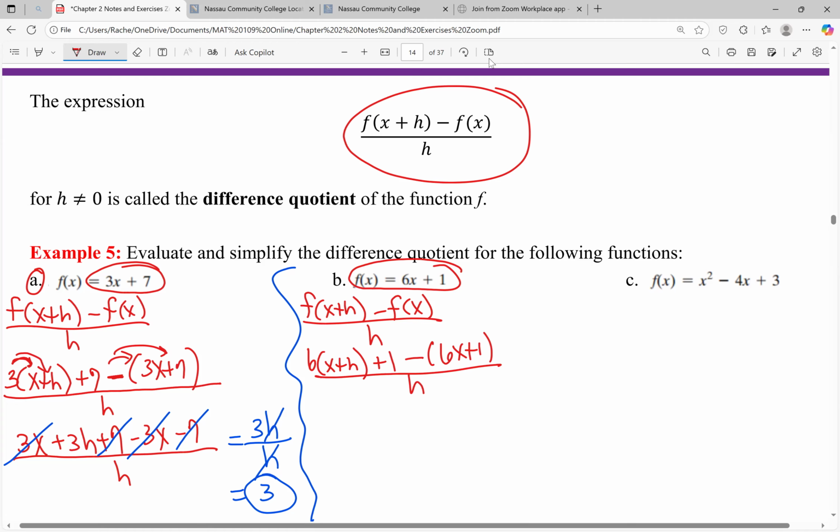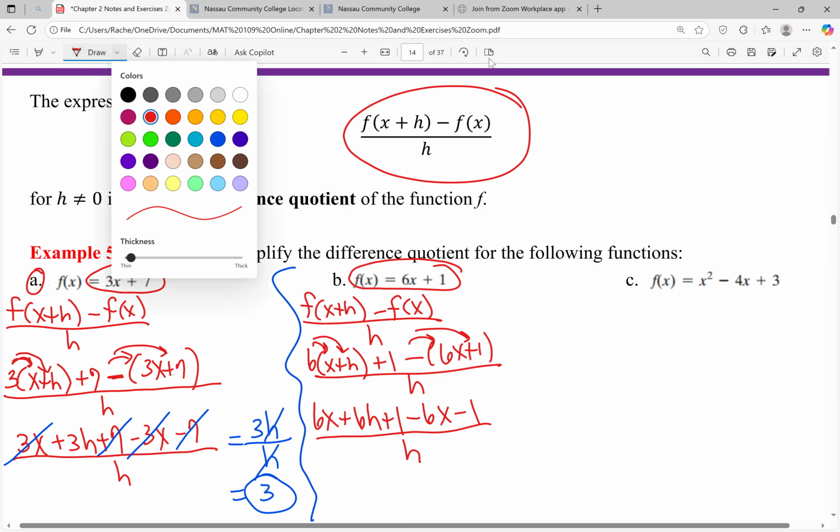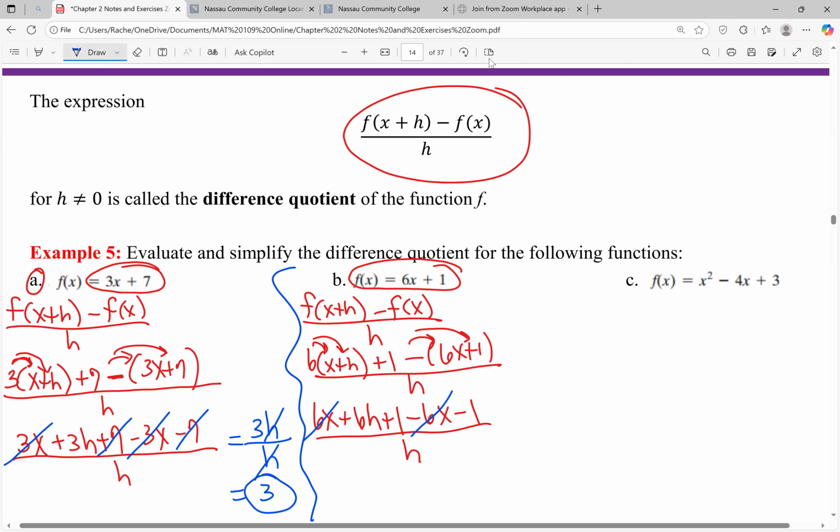Now we can distribute, and I promise I'm going to do it correctly this time. So we have 6x plus 6h plus 1. Now let's distribute the negative, so minus 6x minus 1 over h. And let's combine like terms. I have a 6x and a negative 6x, which sum to 0.